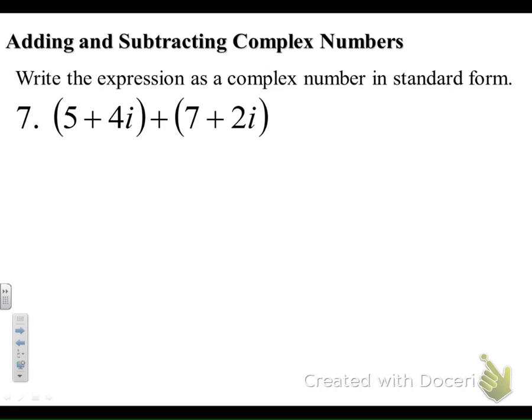So, first example, we can add complex numbers, 5 plus 4i, plus another complex number, 7 plus 2i. Treating them as like terms, we'll call these a real part, because they don't have the imaginary part. So I have 12 total for the real part, and then for the imaginary parts, I have 6 total.